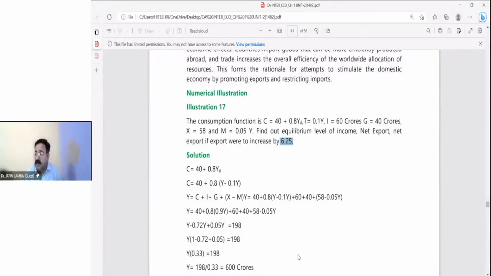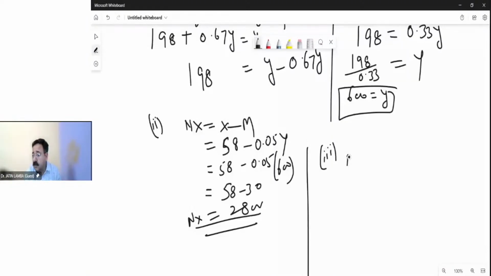So increase the value of export. See, again we have to find net export, but when export increases by 6.25, what will the new export be? 58 was our old export, 58 plus 6.25, it will become 64.25.